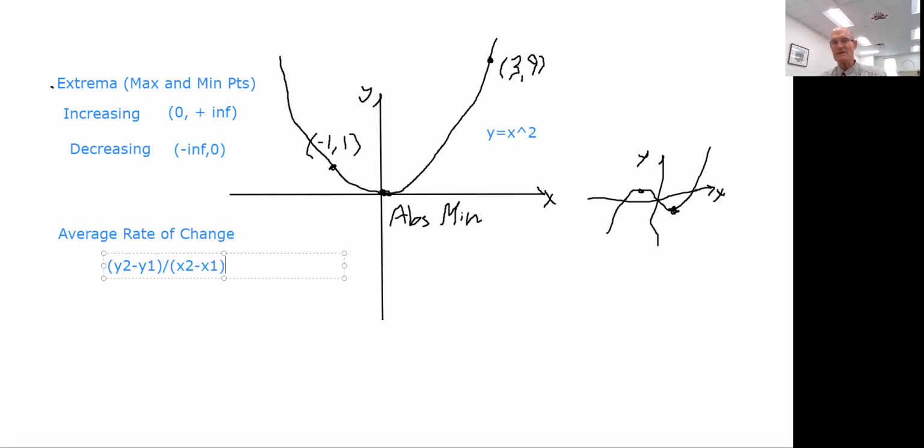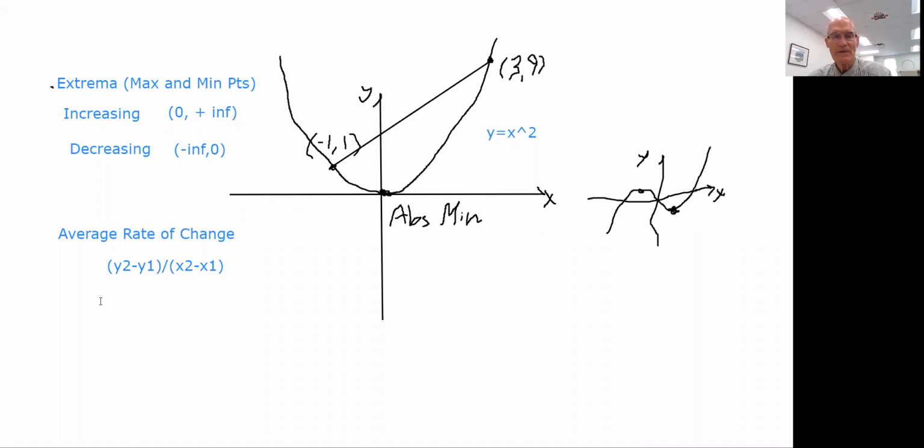It's basically just a slope, but what you're doing is finding the slope of the secant line that connects these 2 points across here. So it's not the slope of the function, but it's the average value of the function. Between these 2 points, the average value equals that slope.